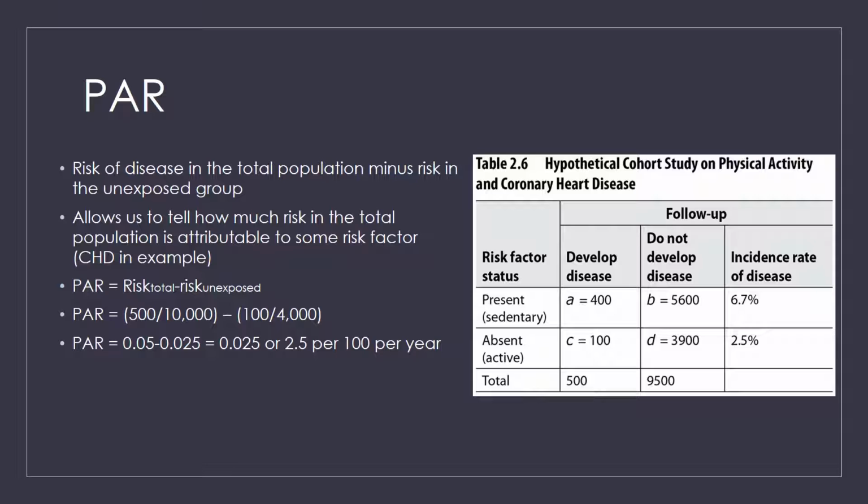the risk total would be calculated by the total number of people who develop coronary heart disease, that's 500, divided by the total number of people in the 2x2 table. That's 500 plus 9,500. So that's 10,000. So 500 over 10,000, and then we subtract the risk in the unexposed.